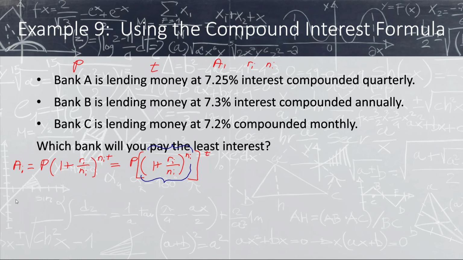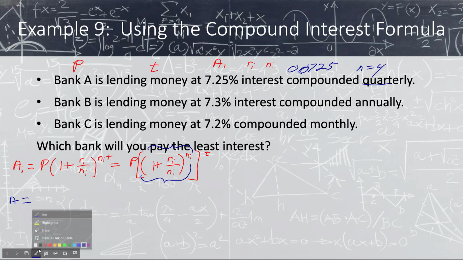For bank A, we have the interest rate is 7.25% or 0.0725. Let me fix that 0 right there. And it's going to be compounded quarterly, so N is equal to 4.